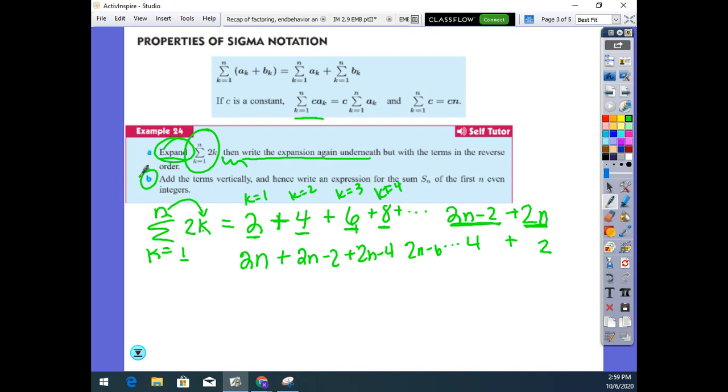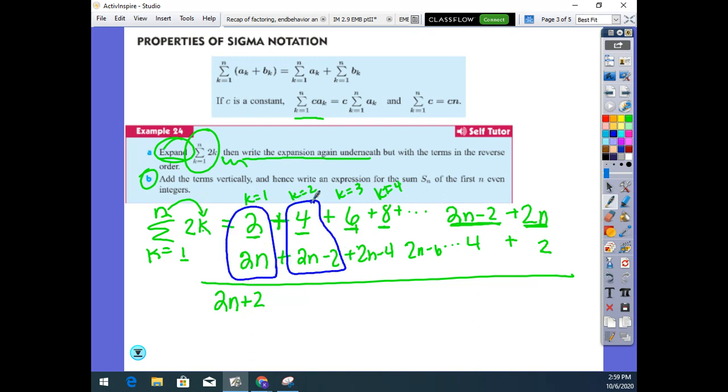Then part B says, add everything together. So I'm going to add this, 2n plus 2. So I added these. Now I'm going to add these, 2n minus 2 plus 4, 2n plus 2. Plus, now I'm going to add these.